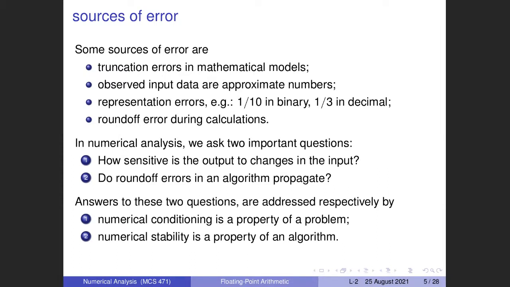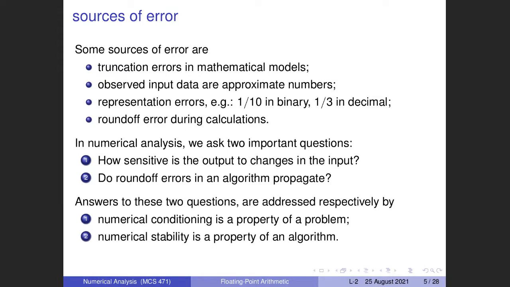We will have good problems and bad problems, so that's the first question. We also have good algorithms and bad algorithms. So the second question relates to numerical stability. So we will be saying that a calculation is numerically stable when the round-off errors remain small relative to the working precision.